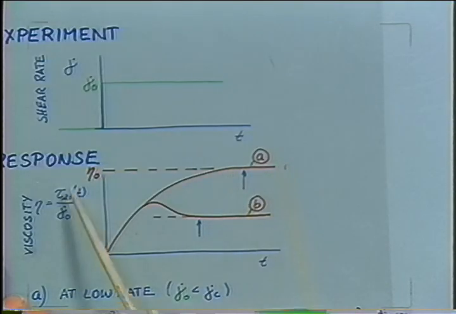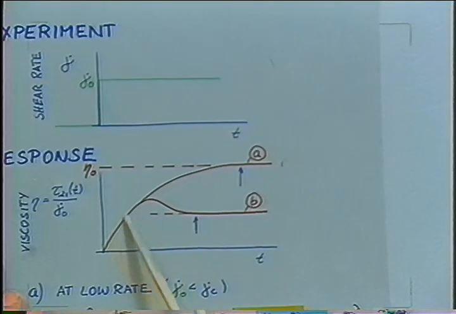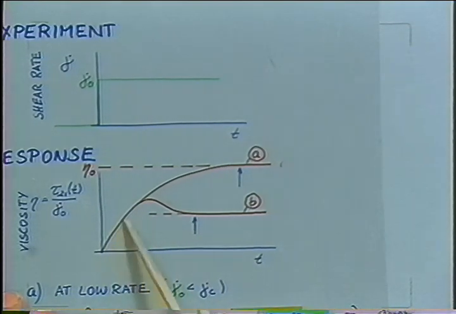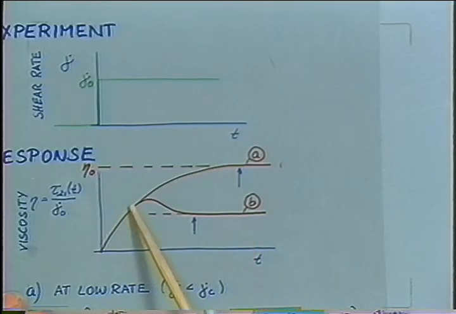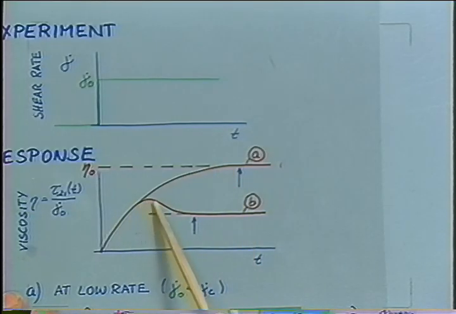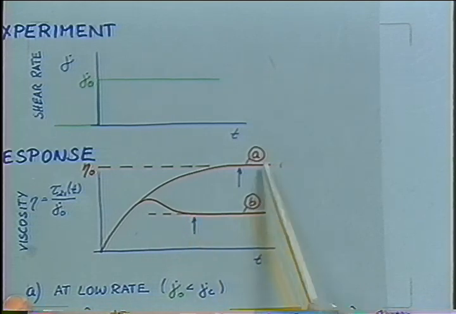And if we divide the stress by the shear rate, then we would have a time-dependent shear viscosity. If we perform that experiment at very high rates, then the viscosity first grows the same way as before, but then it goes to a maximum and levels off, and that's the so-called shear thinning phenomenon. The viscosity at high rates is much lower than at low rates.